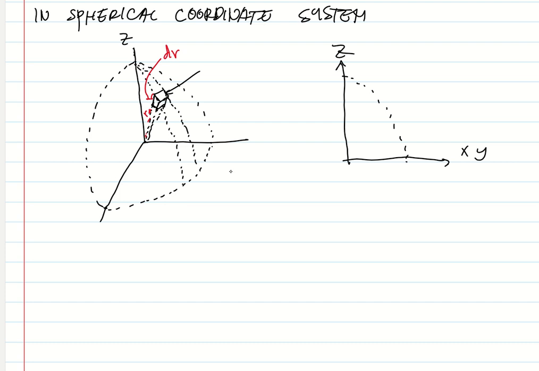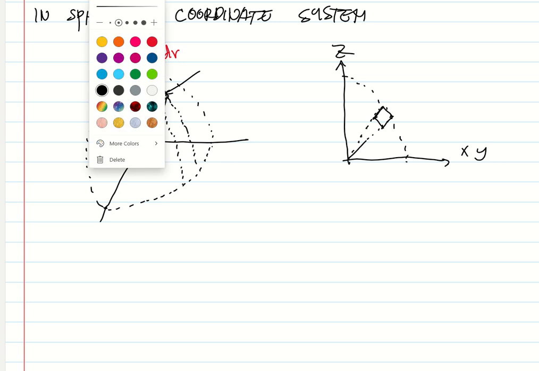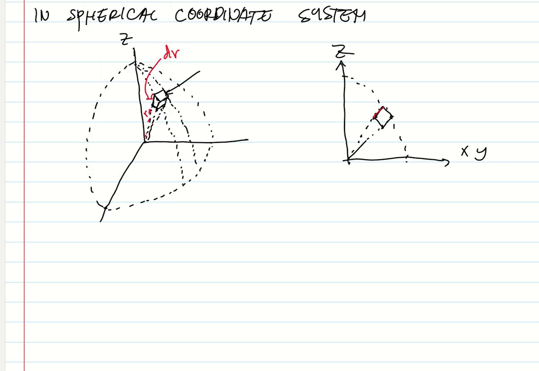This is the cross-sectional view of the sphere, and somewhere here is our volume. We already know this one. This side is dr, because this length from here to here is rho or r, the radius of the sphere.